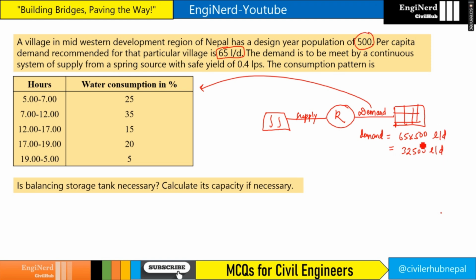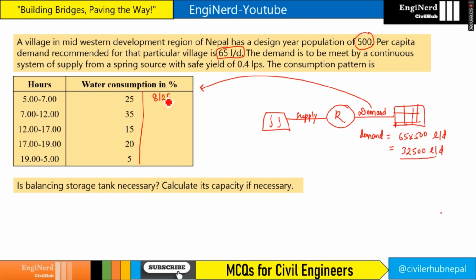Now this demand is in 1 day, right? 32500 liter is in 1 day. Now in 5 to 7 hours it will be 25% of 32500. Let's calculate the actual demand in a particular time frame. 0.25 into 32500, 25% of 32500 is 8125.